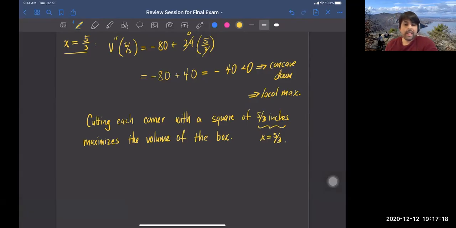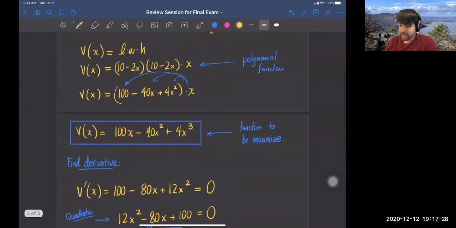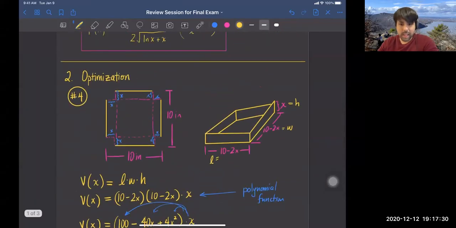Now I want to find the actual volume. What's the volume again? Length times width times height. So you have to go back and tell me what's going to be the actual length if I plug in 5/3. So this will be 10 minus 2 times 5/3. You've got to take this step by step.